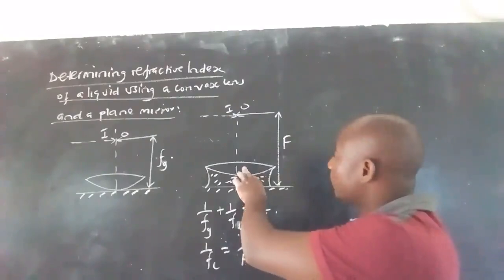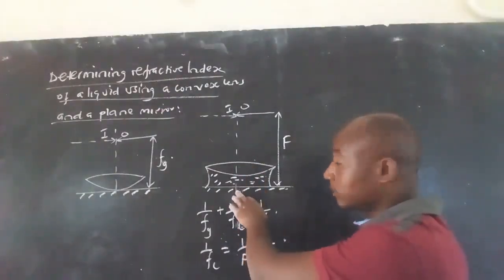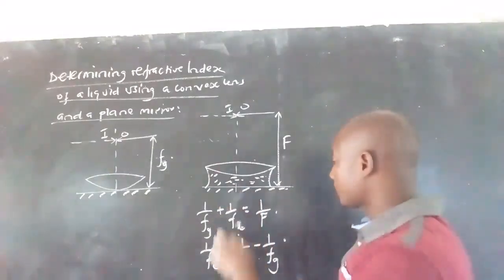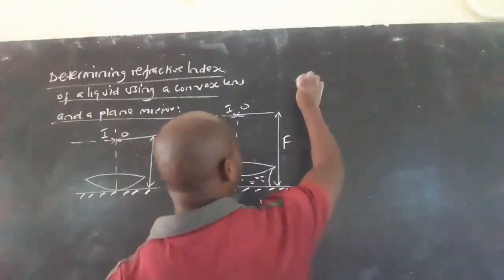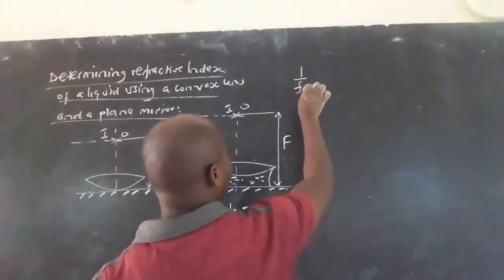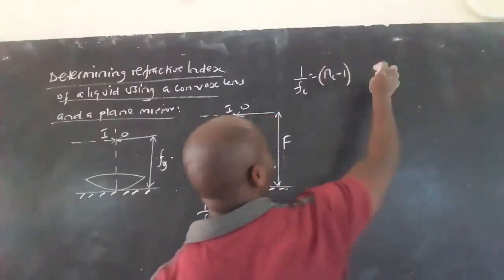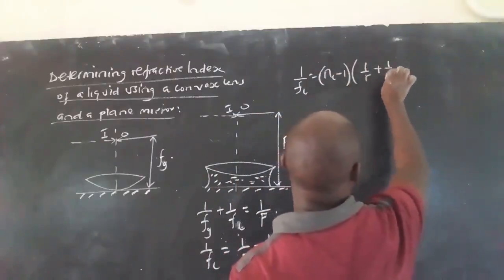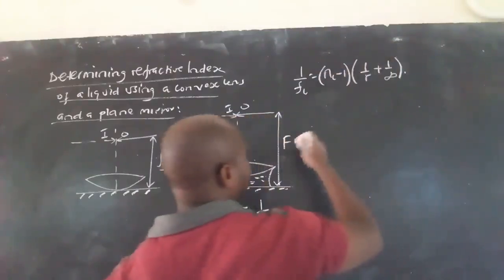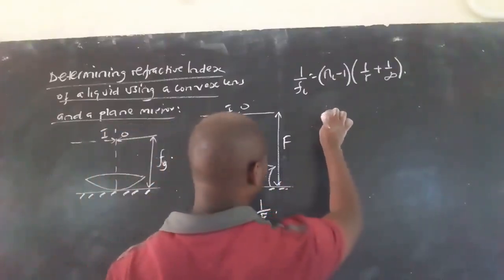Meaning that if the radius of curvature of the lens is 10, the liquid will also have 10, and then here it is infinity. Then we say the refractive index of the liquid: 1 over F liquid is equal to n liquid minus 1, into 1 over R plus 1 over infinity. Why is it infinity? Because down here we have this kind of flat surface.